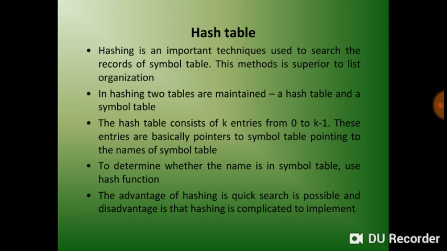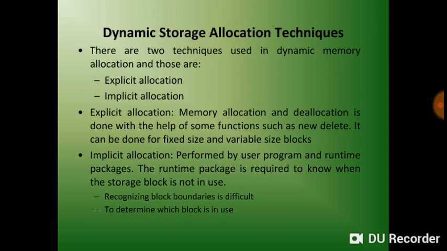These entries are pointers to the symbol table, pointing to the names in the symbol table. A hash function is used to determine whether the name is in the symbol table. The advantage of hashing is that quick searching is possible; the disadvantage is that hashing is complicated to implement.